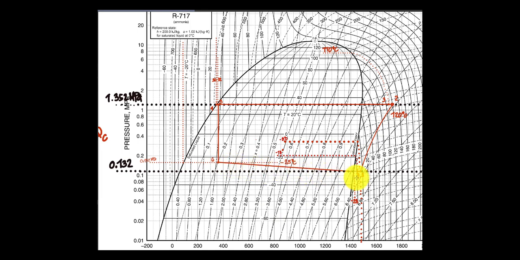So we have drawn down the line intersecting the saturation vapor. From 6 going to the saturation vapor, and going to 7 and 1. So that completes the cycle of our simple actual vapor compression system, which is based on the given data.